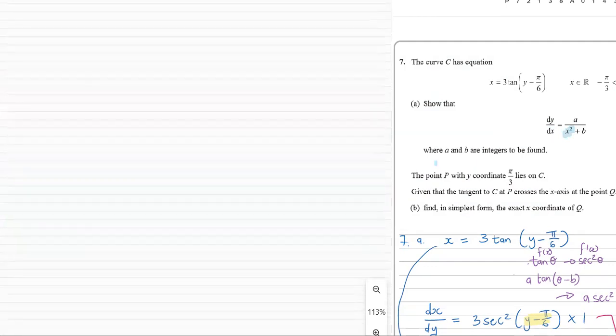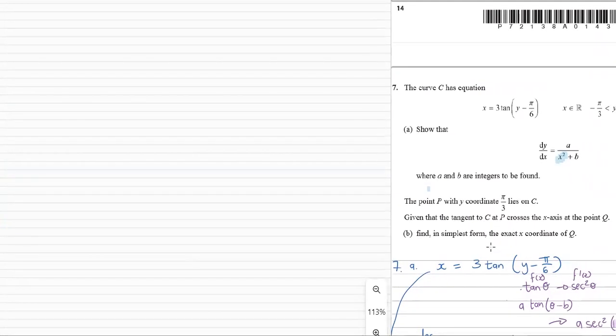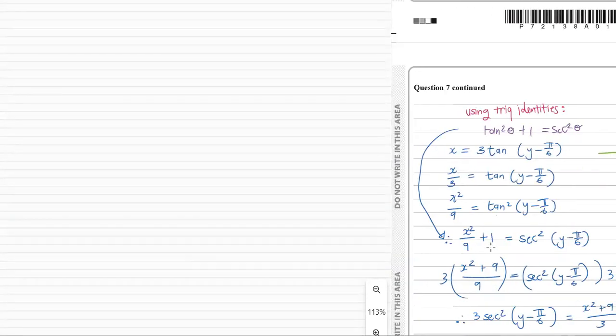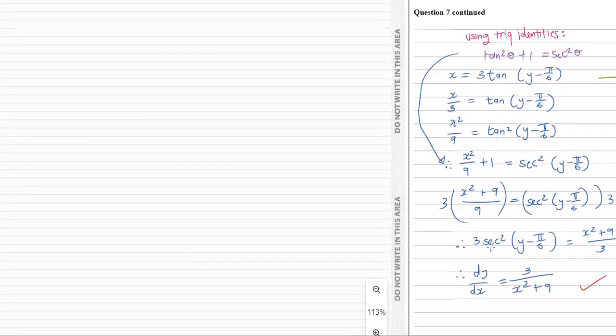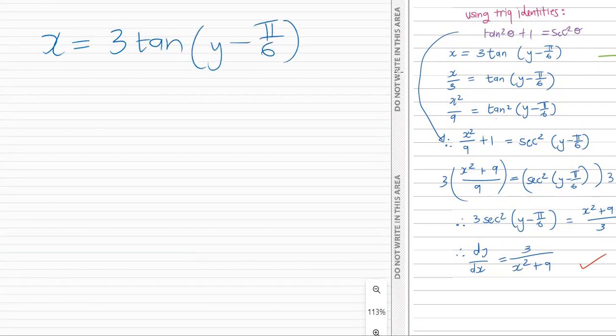Looking at this, first I did it using a triangle and manipulating it until you get to it. But another way we can look at it is using trig identities. If we start with the function that was given, x equal to 3 tan(y minus pi over 6), we know that tan squared theta plus 1 equals sec squared theta.